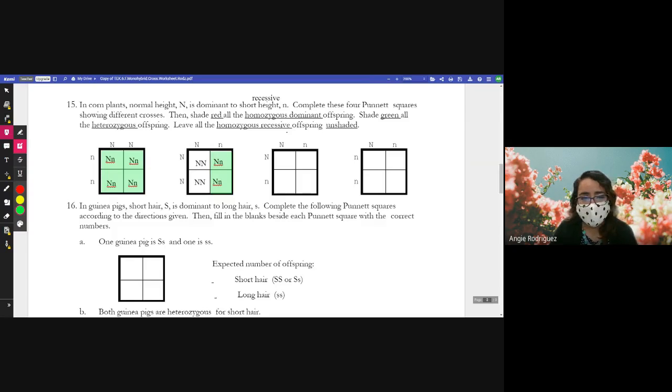And we both have the same letter, both big N's there for the left side, right? So they're both big N's, so they're going to be homozygous. And we said they're dominant because they're capital letters. So they're going to be homozygous dominant. So that means they're going to be red. So those go red here on the left side of this second one. Red.